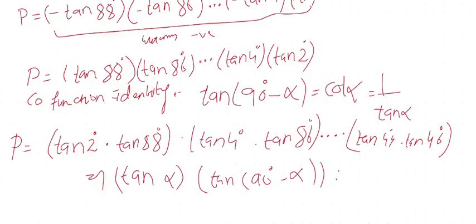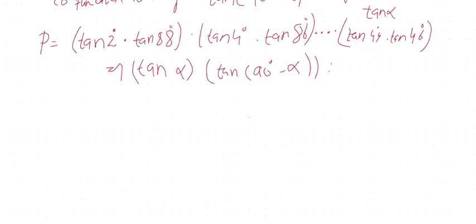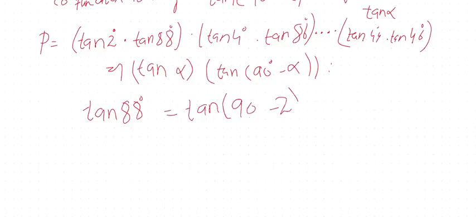Tan 88 degree equals tan(90 minus 2) degree equals cot 2 degree equals 1 by tan 2 degree.